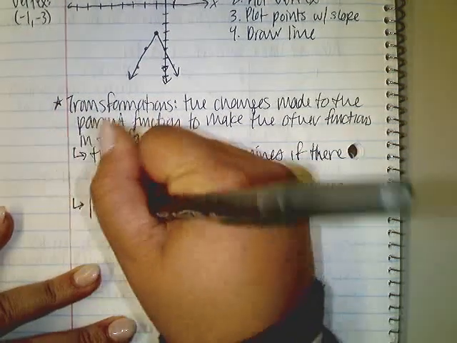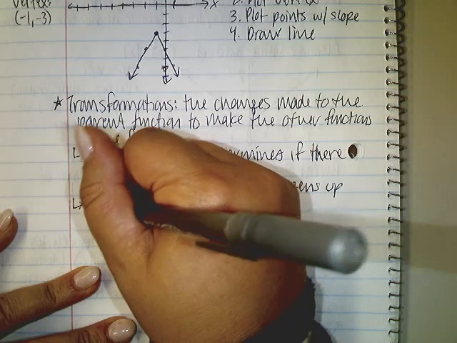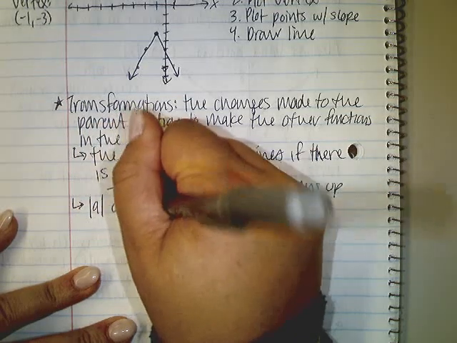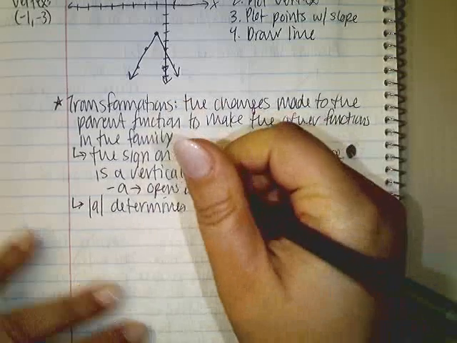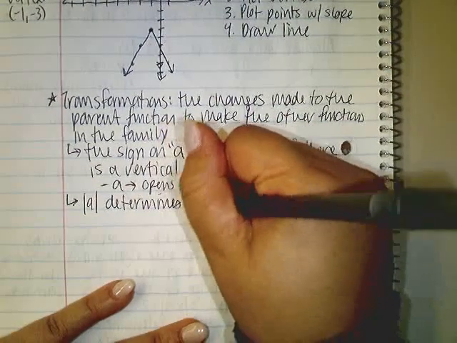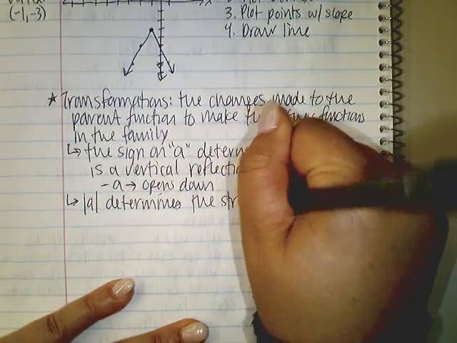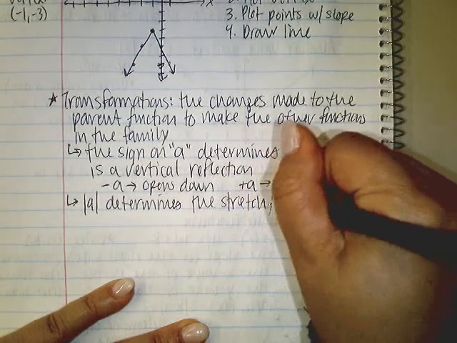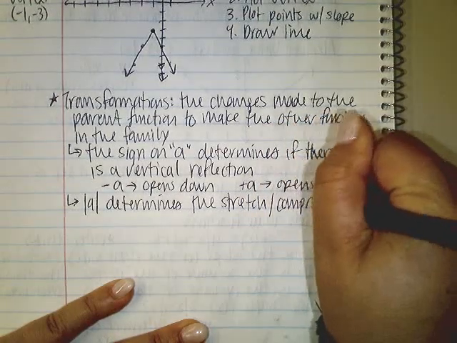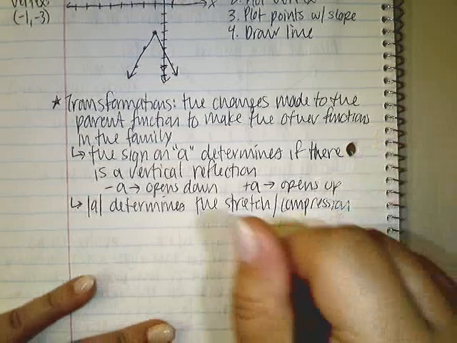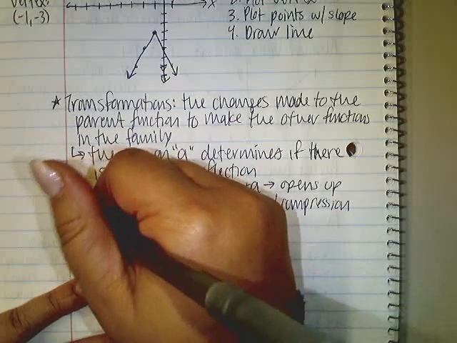The absolute value of A determines the stretch or compression. So I mentioned that briefly on the last page, but the stretch or compression is just the steepness. So this is, again, just the steepness.